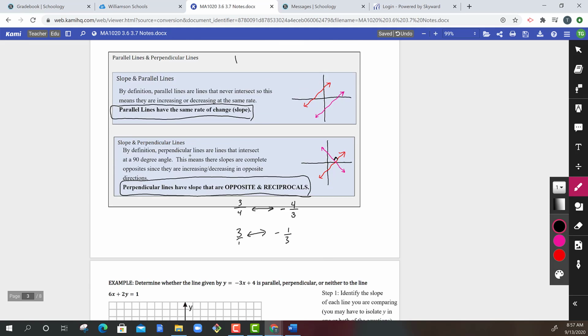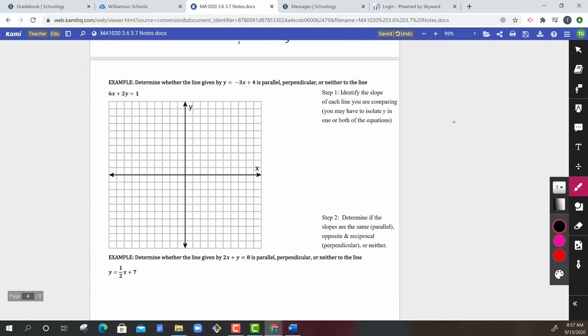All right, so let's look at an example. Pause if you need to. I've already got the steps outlined here, but we want to determine whether the line given, which you'll notice is already in slope-intercept form, is parallel, perpendicular, or neither to this line. So step 1 says we need to identify the slope of each line that you're comparing. You may have to isolate y in one or both equations.